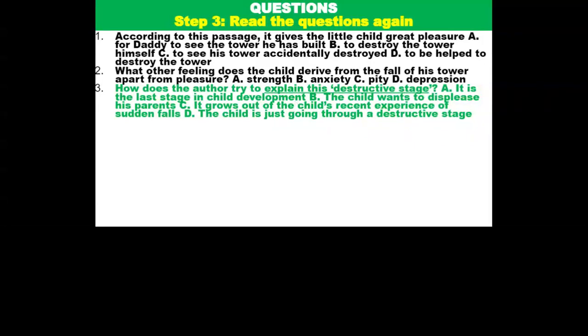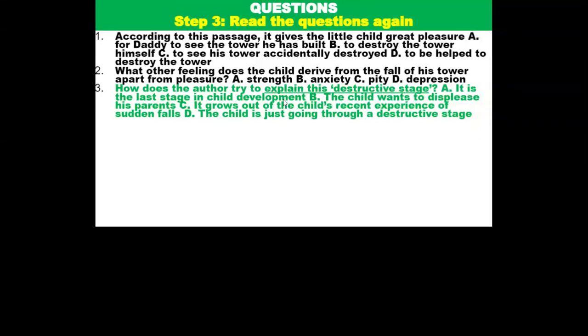Having read the passage, we already have some idea about the likely answer. So here we begin to use the elimination method to eliminate any option that doesn't make sense to us in line with what we have seen in the passage. So option A doesn't make any sense. It is the last stage in child development.